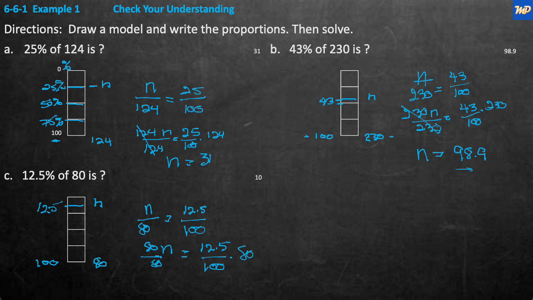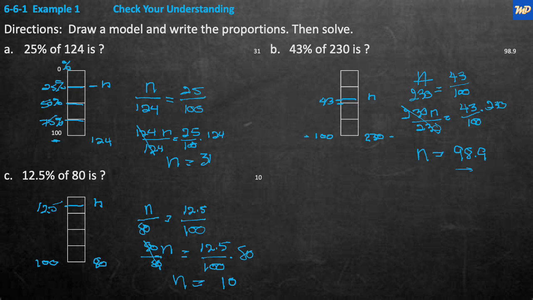I just moved the 80 across from the left-hand side to the right. So now I'm left with n is equal to 12.5 times 80 divided by 100, and we'll find that that is equal to 10. N is equal to 10.